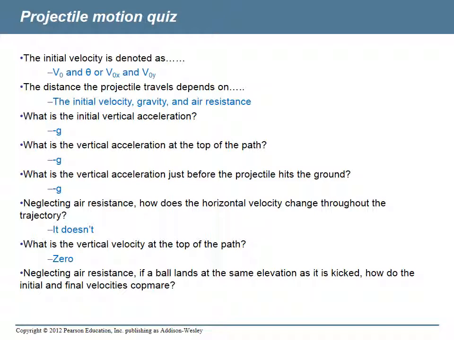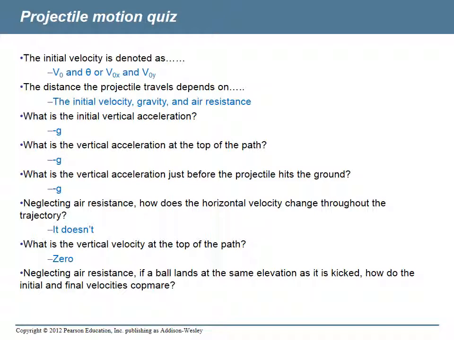If we neglect air resistance, and a ball lands at the same elevation as it's kicked, just like we had in the previous slide, how would the initial and final velocities compare? So the entire magnitude, not just the x component or the y component, but the entire final velocity vector versus the initial velocity vector. And I said that everything is parabolic.